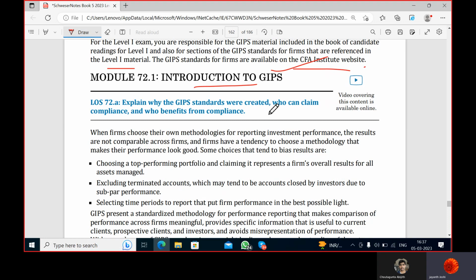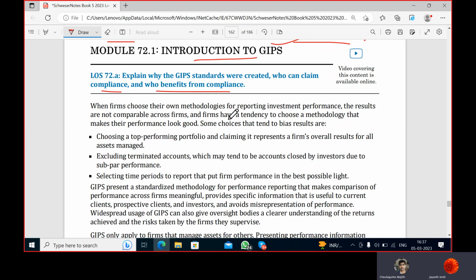Explain why GIPS standards are created, who can claim compliance and who benefits from the compliance. That means who should comply and how they can benefit.